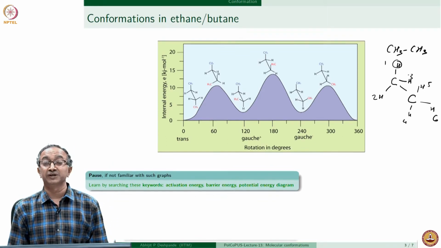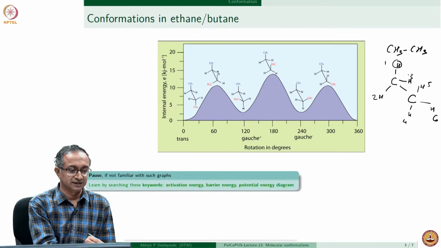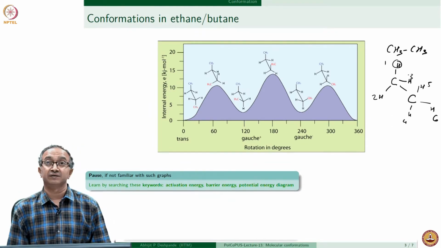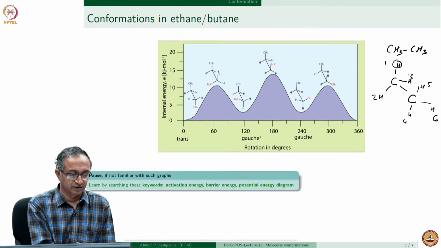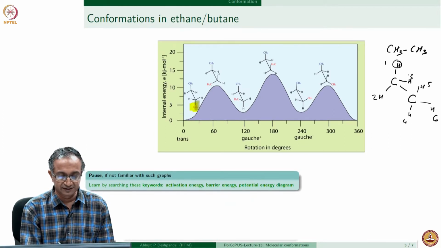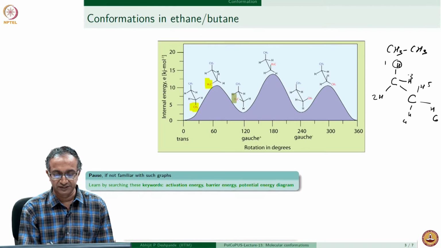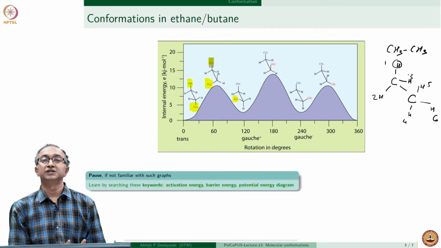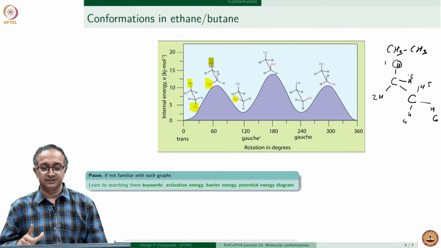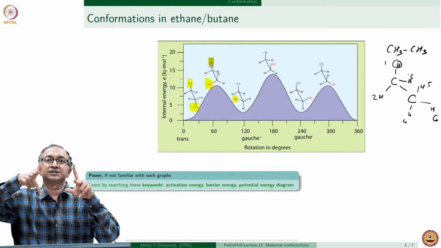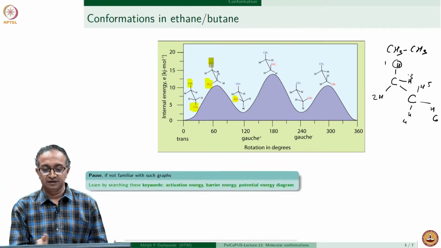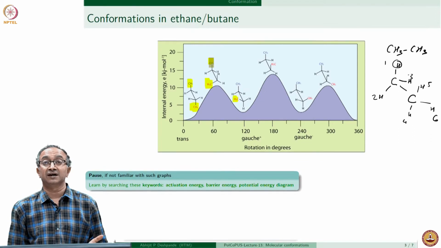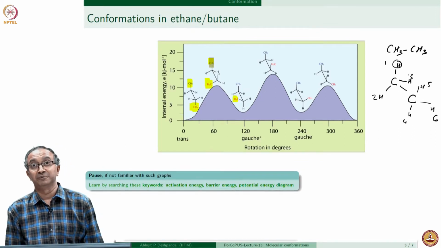In the case of the butane molecule, 2 of the hydrogens are replaced with CH3. And what we have highlighted here is, for example, the position of one CH3 with respect to another CH3. If you look at the energy associated with this molecule when this carbon-carbon bond rotation keeps on changing, you can notice there are some energy maxima and minima.